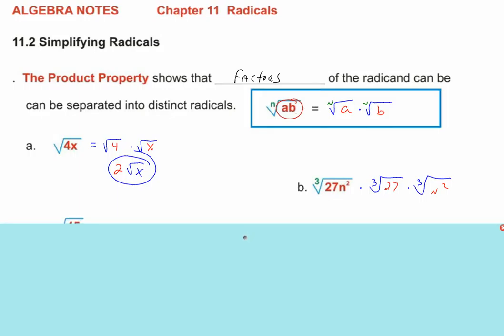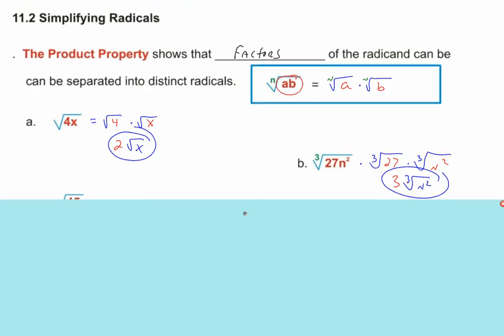Because what's the cube root of 27? 3. So the cube root of 27 is a 3. And then that'll be times the cube root of n squared. We can't take the cube root of n squared. There's only 2 n's. But why is the cube root of 27 3?